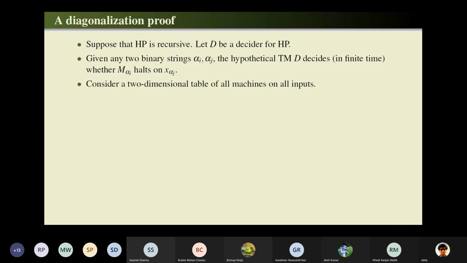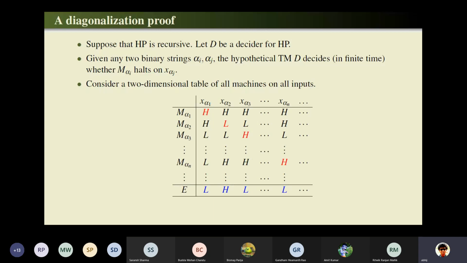Now consider this table. As row headers, I list all the binary strings, and as column headers, I also list all the binary strings. Alpha 1, alpha 2, alpha 3, and so on.